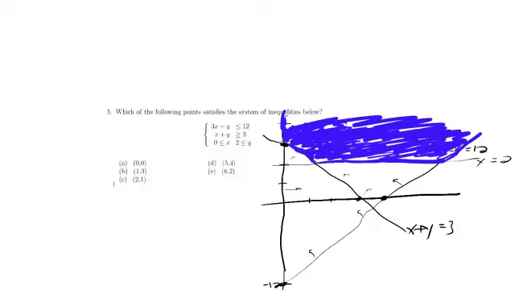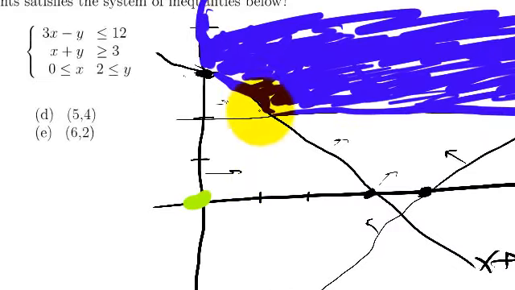Now let's go through and see which points are in here. 0, 0, that's right here. That's not in the shaded region. 1, 3 puts me right here.